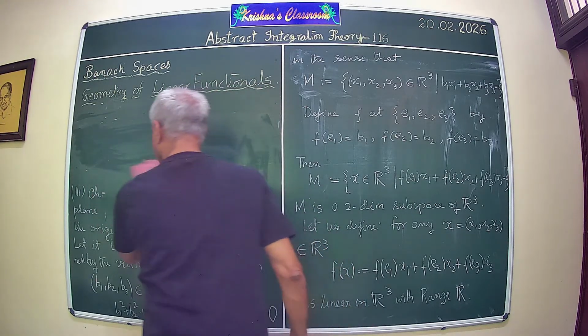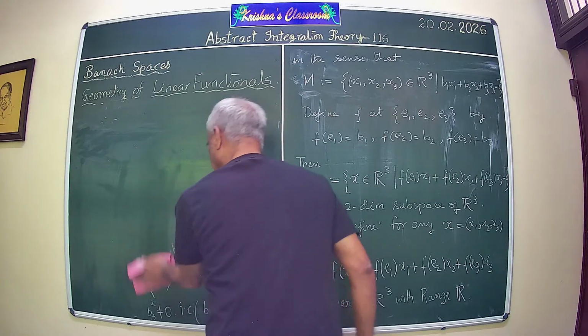So what do we have? We started with a plane passing through the origin.